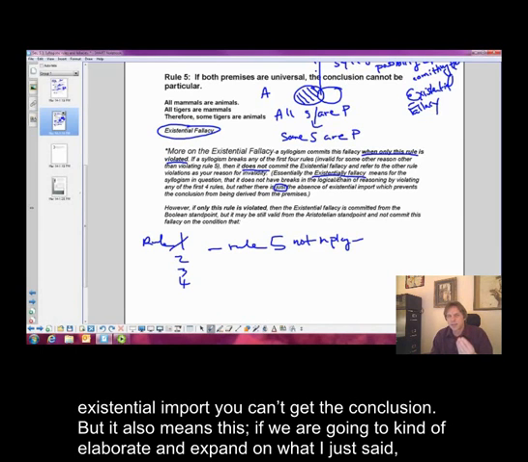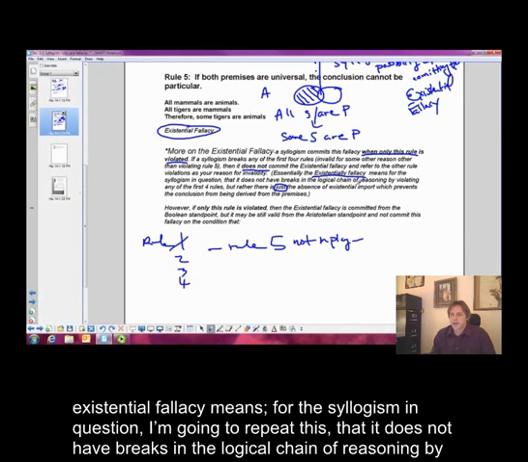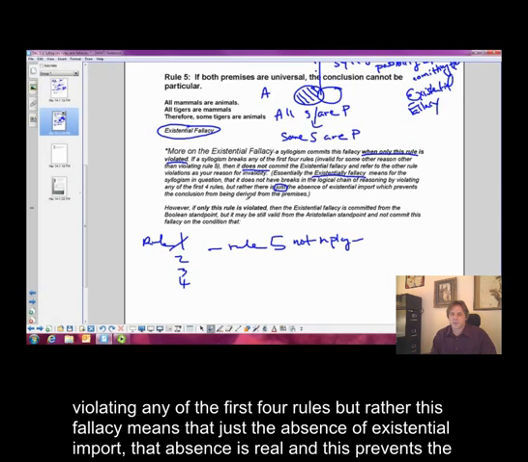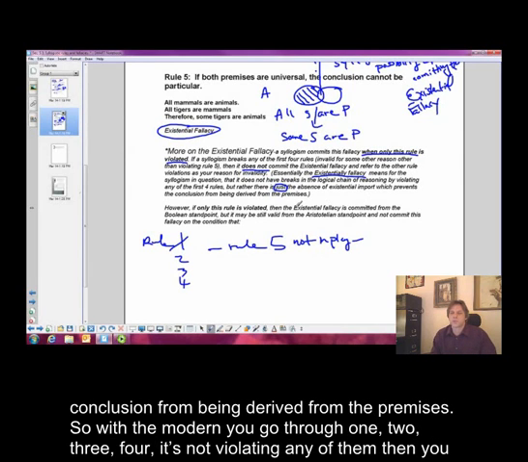To elaborate, existential fallacy means, for the syllogism in question, that it does not have breaks in the logical chain of reasoning by violating any of the first four rules, but rather that the absence of existential import is real, and this prevents the conclusion from being derived from the premises.